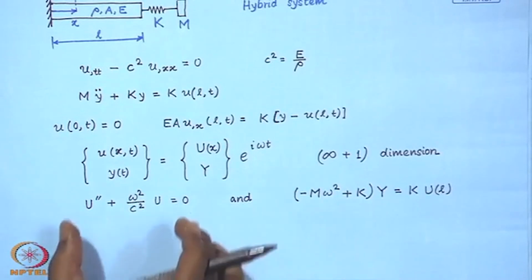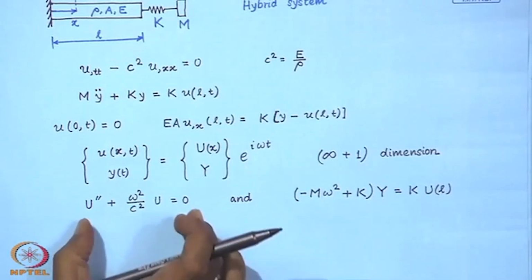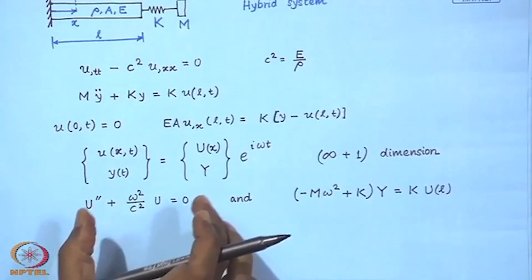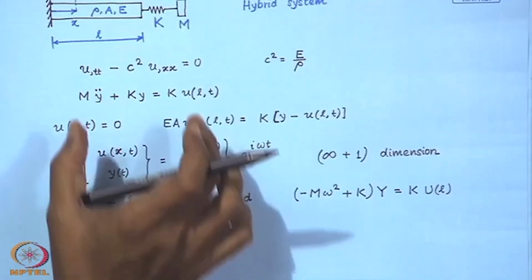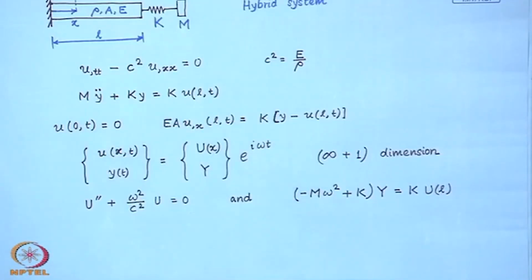Now, these are the equations that we obtain after substituting the solution in the differential equations, and the boundary conditions tell us u at 0, capital U, the amplitude function at 0, must be 0.